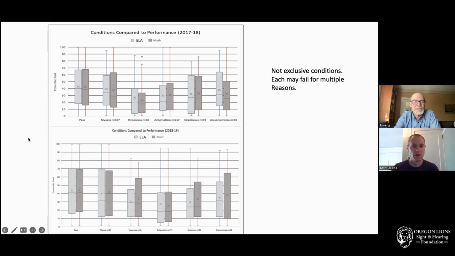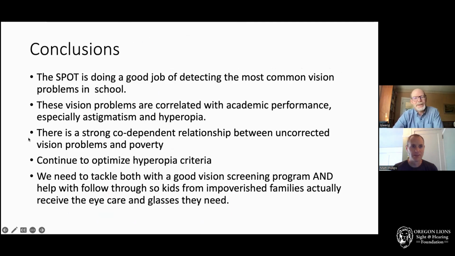Got it. Anyway, in conclusion, the spot is doing a pretty good job detecting most of the vision problems that we'd look for in school. And there's a good correlation between these vision problems and academic performance, especially astigmatism and hyperopia. Got it. And we also know there's a strong relationship between uncorrected vision problems and poverty.